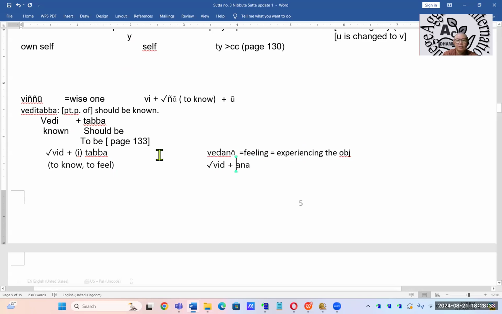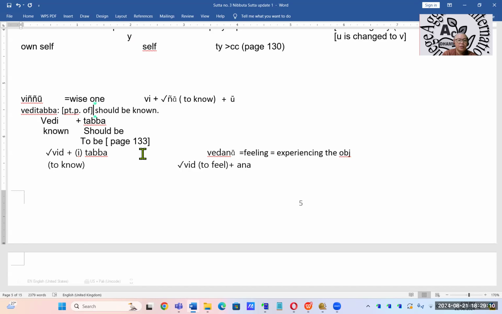The ana suffix changes it into a noun, so you get vedanā. Vedanā here means to feel, while vid here is to know. Clear, very easy. Veditabba, vid is know, should be known by the wise person, paccattaṃ, by himself or by herself. So every time you recite veditabba, you should understand it just translates as should be known.